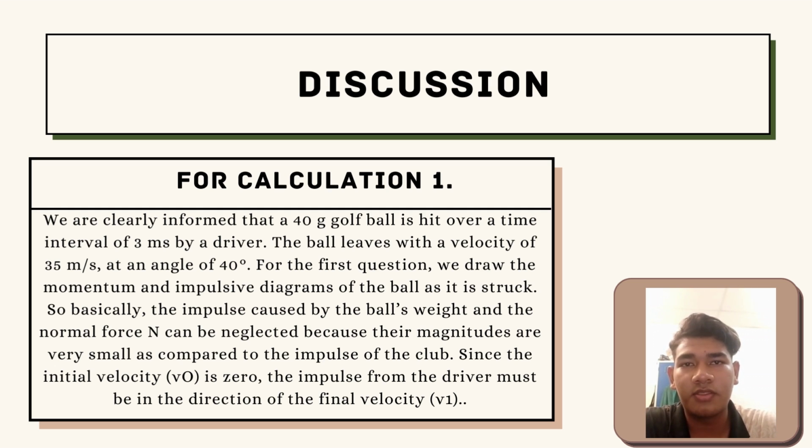Since the initial velocity is 0, the impulse from the driver must be in the direction of the final velocity. The question shows we need to apply the principle of impulse and momentum to determine the average impulsive force.